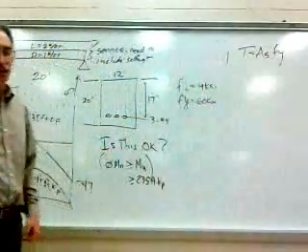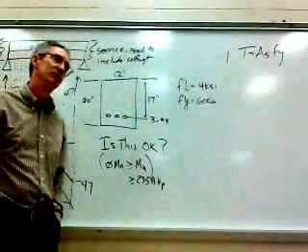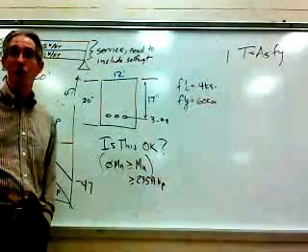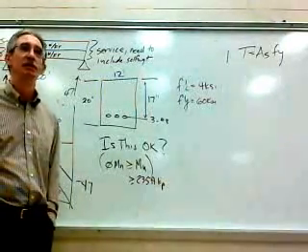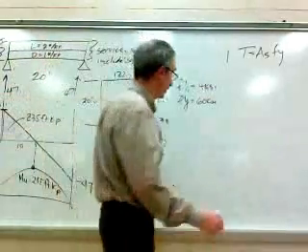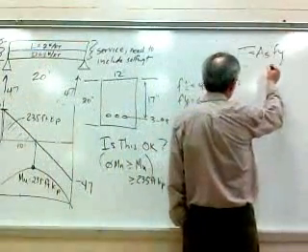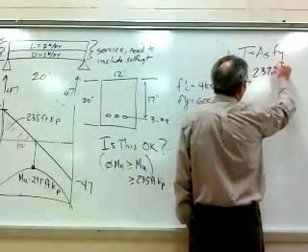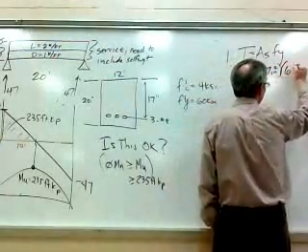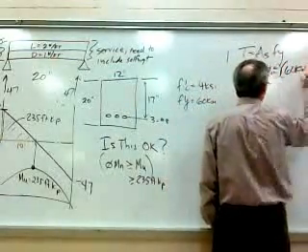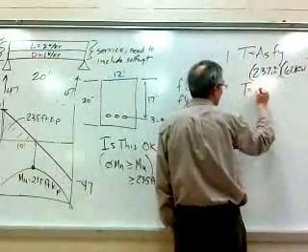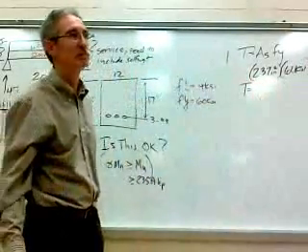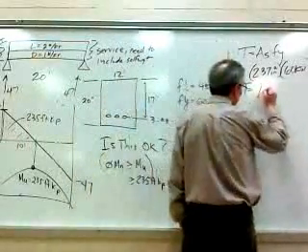What's the area of steel of 3 number 8 bars? 0.79 is the area of 1 number 8 bar. 2.37. And Fy, 60. So T is equal to 142.2 kips.